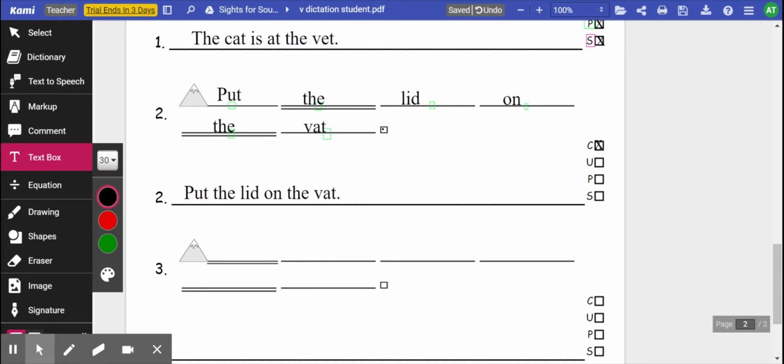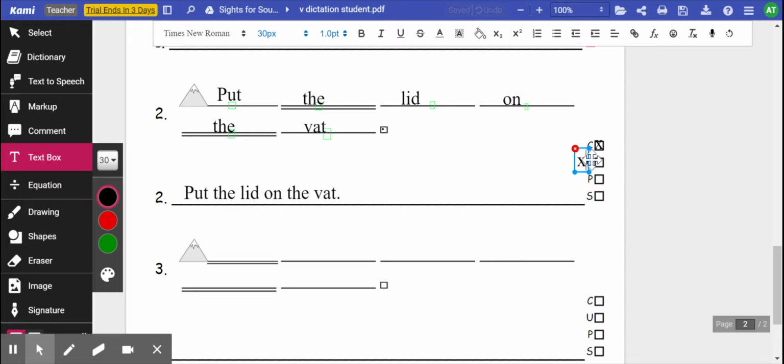Otherwise, it will bubble and boil over, and that would be very bad. And you'd have to do all that cleaning. Okay, that makes sense. Punctuation, period. And S stands for spelling. Make sure every word is spelled the same way as Mr. Tan's copy. Good. Put the lid on the vat.